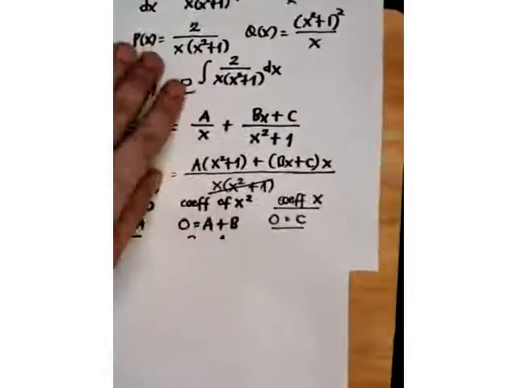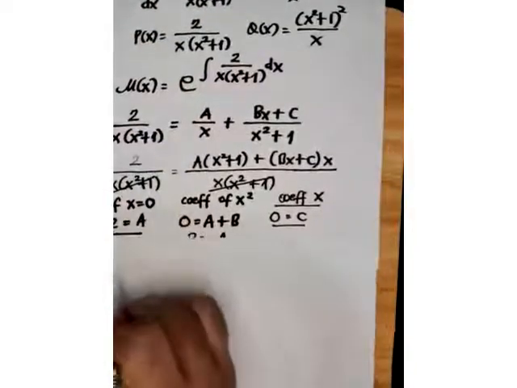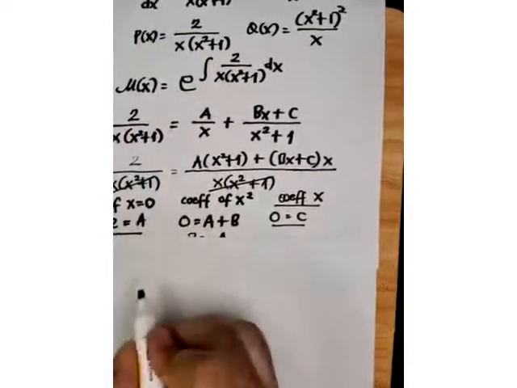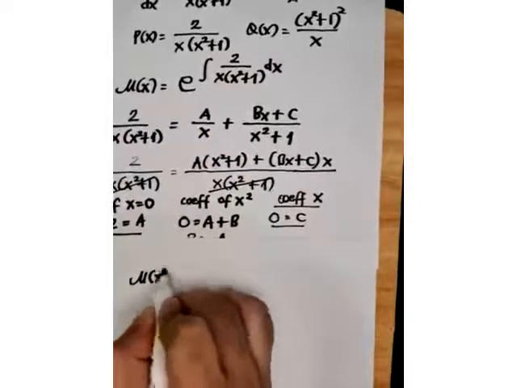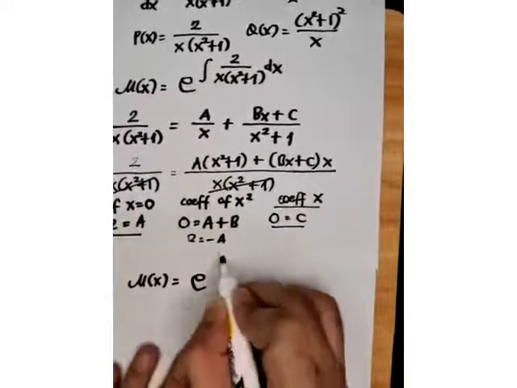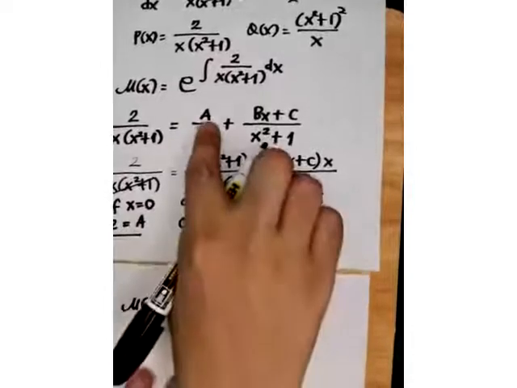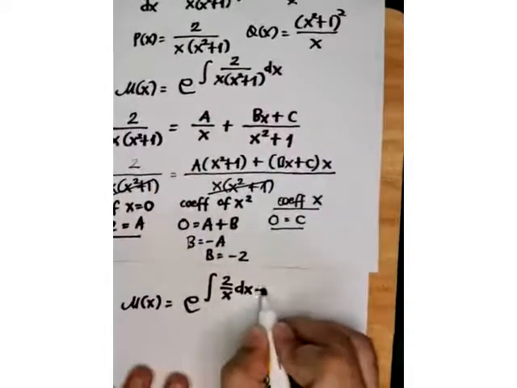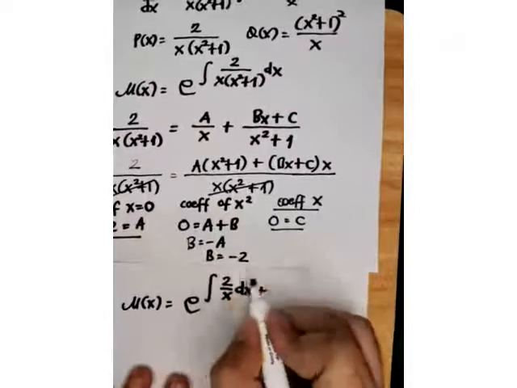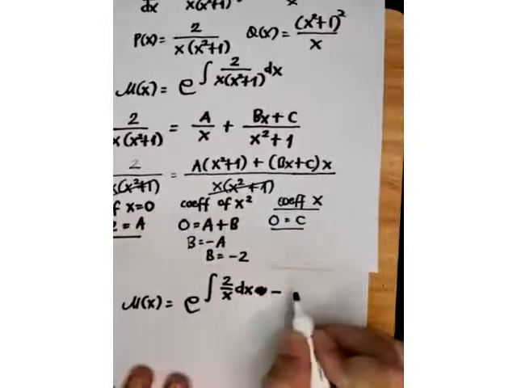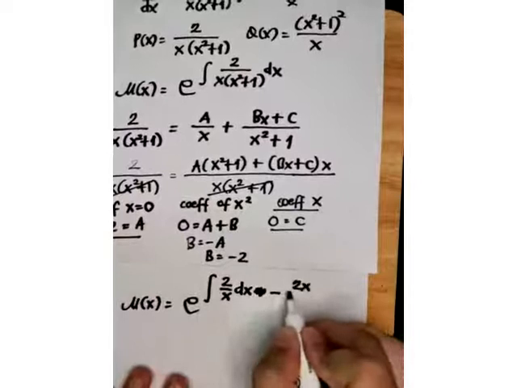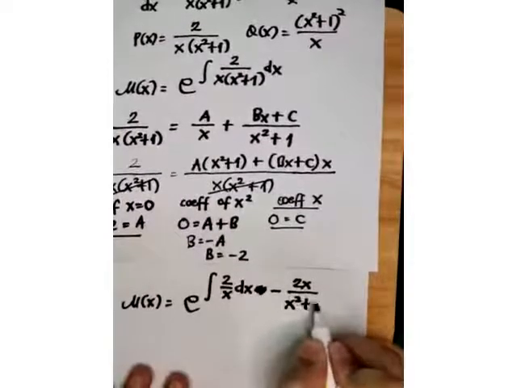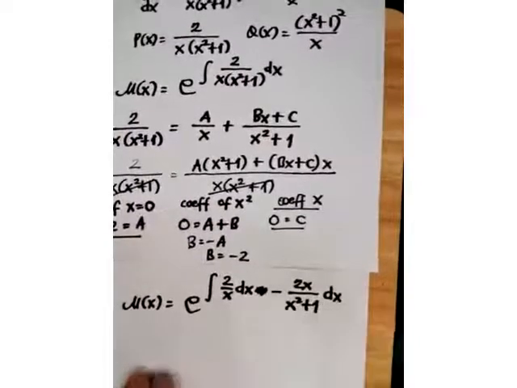Okay, so that means, therefore, ang integrating factor natin ay equal siya sa e raised to the integral of 2 over x dx plus minus 2x over x squared plus 1 dx.